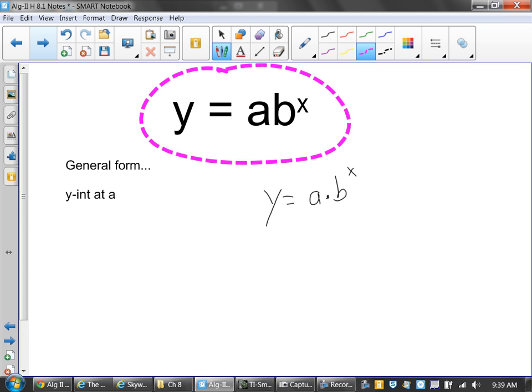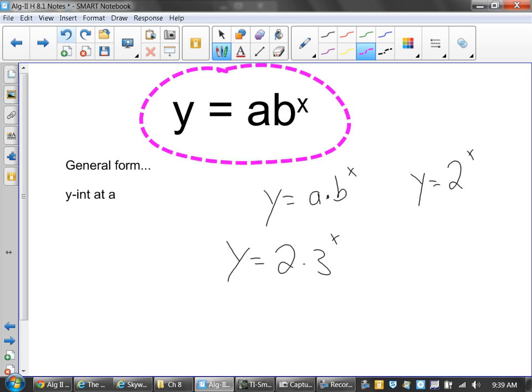Now, think about the problem we just had: y equals 2 to the x. What was the value of a that you did not see? 1. Very good. A lot of times they won't write it as 1 times 2. What you will see is things written like y equals 2 times 3 to the x. They break it apart like that to tell you specifically what your a value will be.